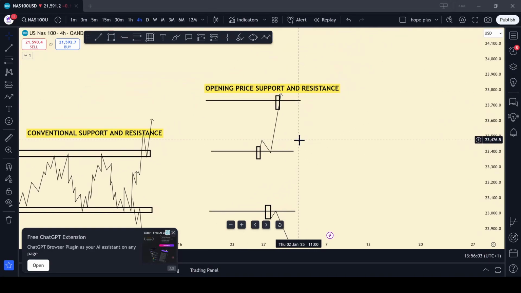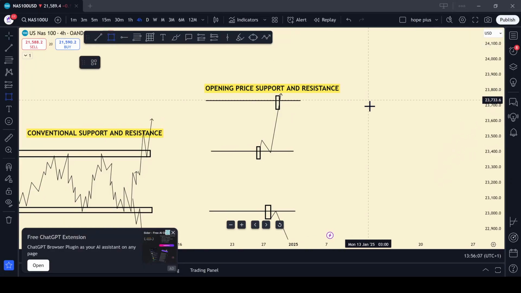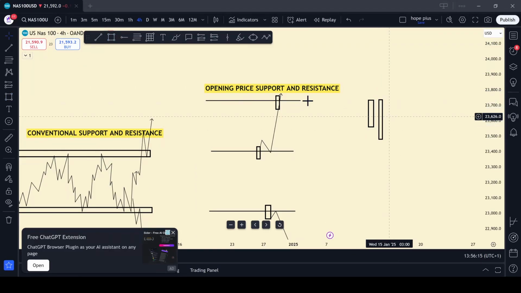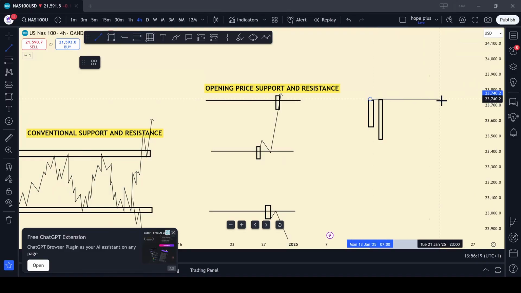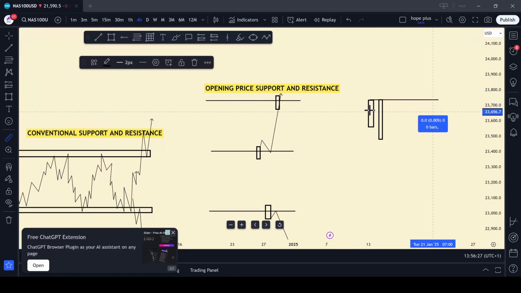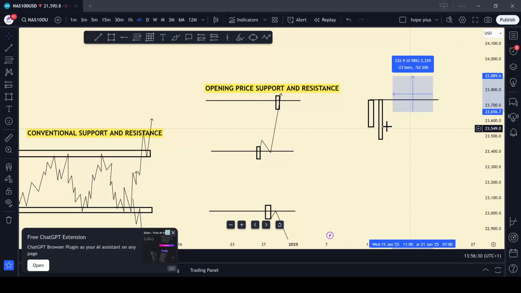For example, we have 3 different types of opening price. The first one is the reversal opening price, which is my best opening price. Looking at this diagram, I'll simply mark out a single line from the opening price of the second candle.